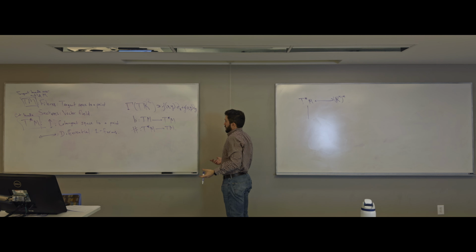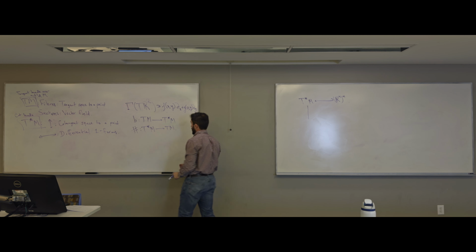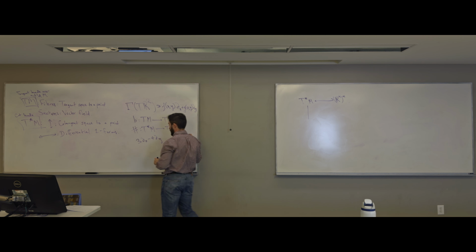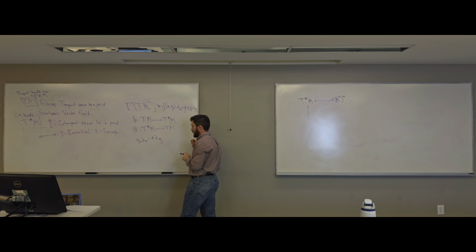And I'm just going to write what it is. I'm not going to spend time trying to develop why it should be written this way. But if I apply, I think this is in TM, right? For a particular, let's do this over R2, you have maybe this. It's a particular tangent vector at a point.